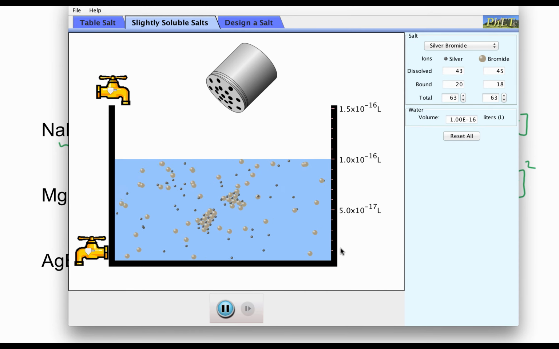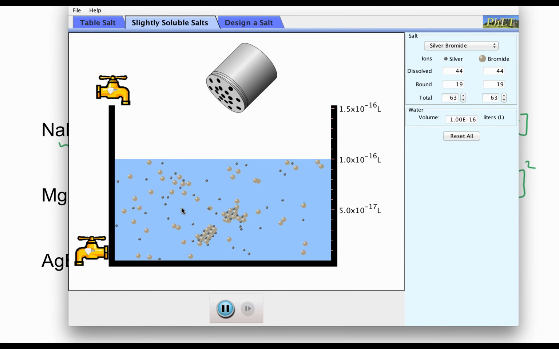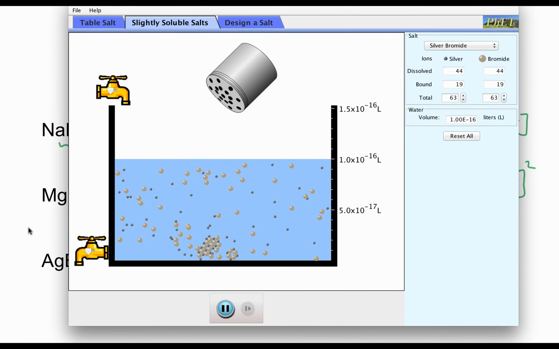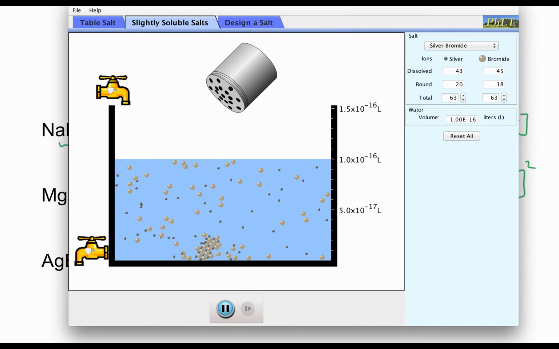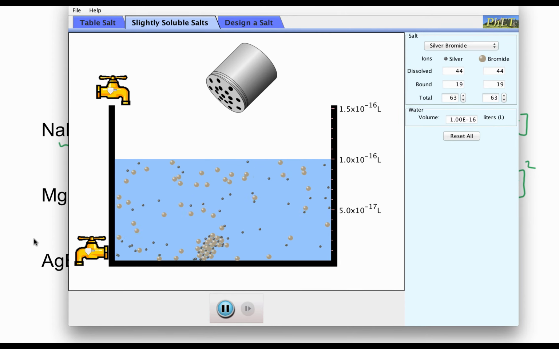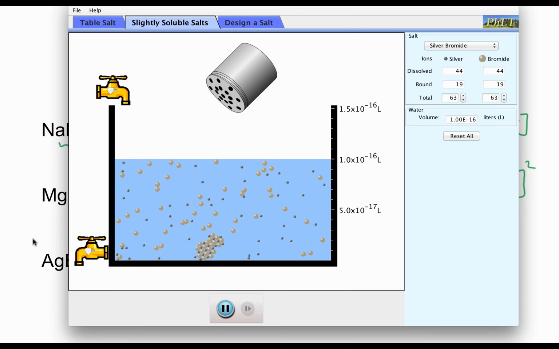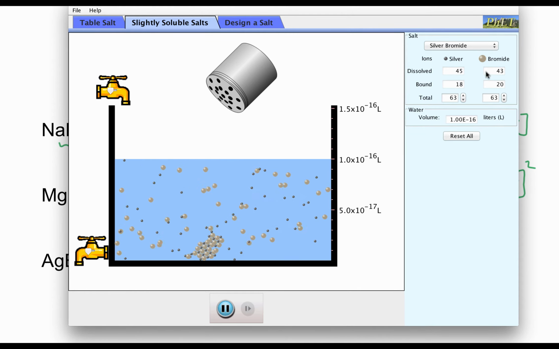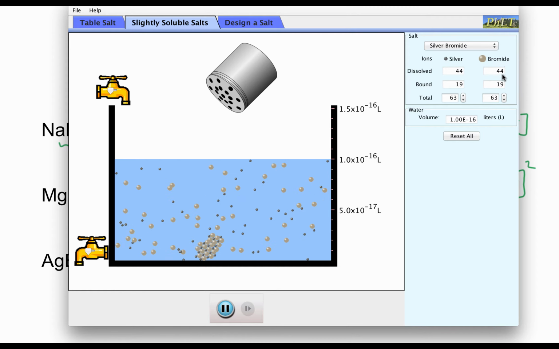So keep in mind, this truly is an equilibrium situation. You can see that I've got ions moving in and out of solution, down here at the bottom. Some of them are forming a precipitate and some of them are not. Some of them are going from the solid state to the aqueous phase. But the amount stays relatively constant, around 45 and 43.